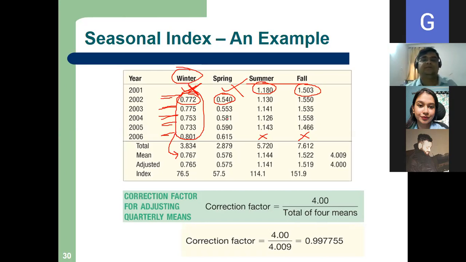Okay. Similarly for spring also I don't have, but I have 5. This 1, 2, 3, 4, 5. So I will take the average of this 5, which is nothing but 0.576.